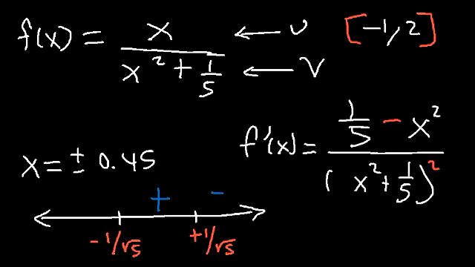Now, if we pick a number less than negative 0.45, let's say negative 1, negative 1 squared is still 1, so it's 1/5 minus 1, which is negative 0.8, and that's a negative number. So it changes from negative to positive, so that's a minimum, and then positive to negative, so we have a local max at positive 0.45.